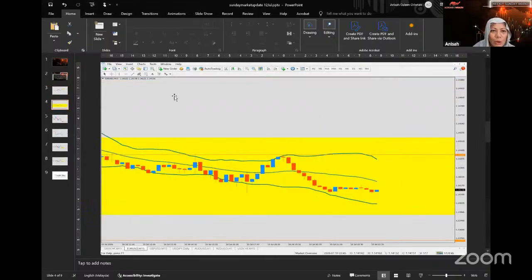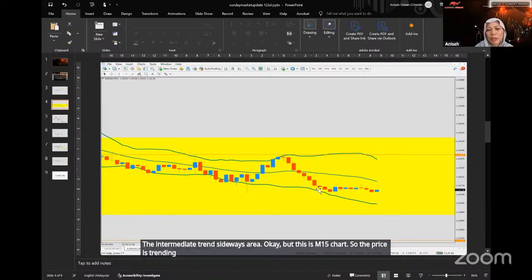You are looking at euro dollar now. The yellow box is where I marked the intermediate trend sideways area. But this is the M15 chart, so the price is trending in a sort of narrow downtrend.